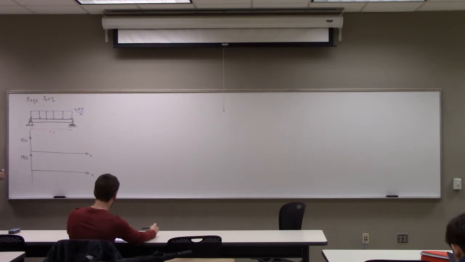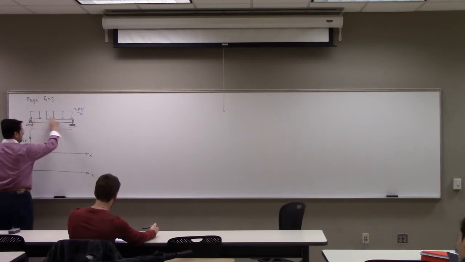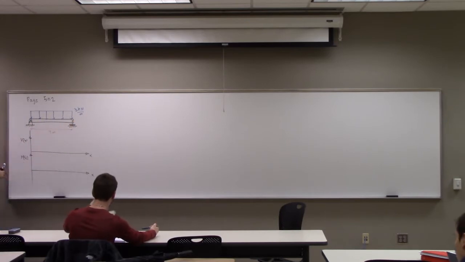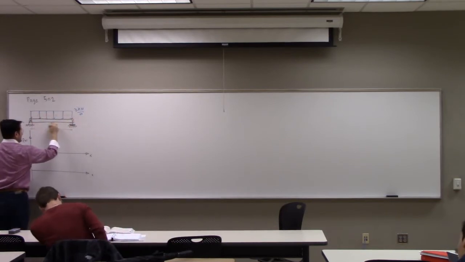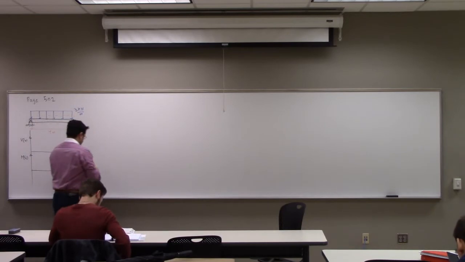So before I do that, I first take the entire thing as system to find external reactions. So if I take this thing as my system first, then I draw FBD.